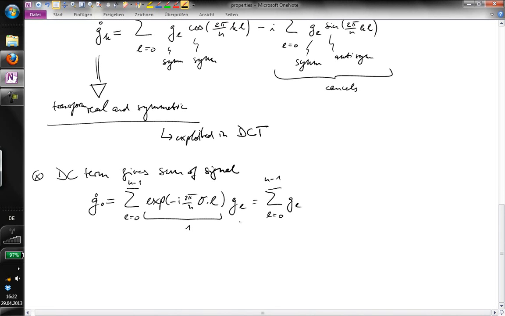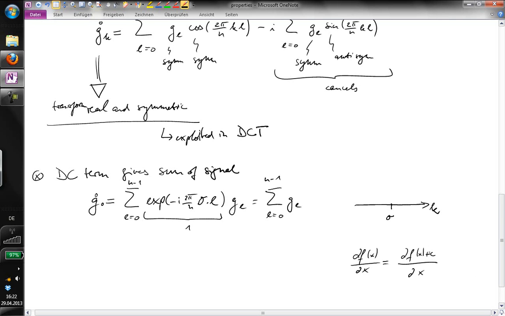And this can be useful in thinking about operators. So for example, if I want to know what the derivative operator in k space will look like, you know that if I take the derivative of a function, that is the same regardless of whether I add a constant to this function.